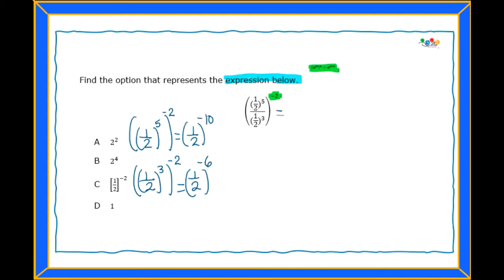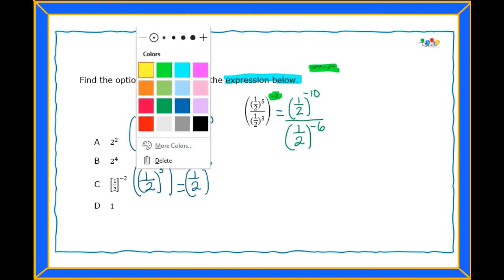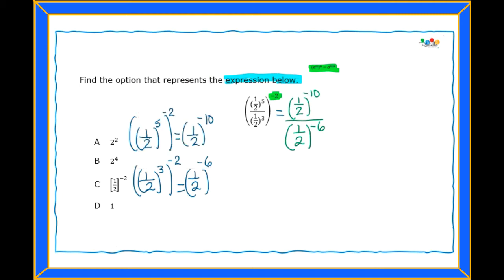So let me rewrite my problem over here. So now I have 1/2 raised to the negative 10 power over 1/2 raised to the negative 6 power. So right now I can see that this rule is going to be my quotient rule.